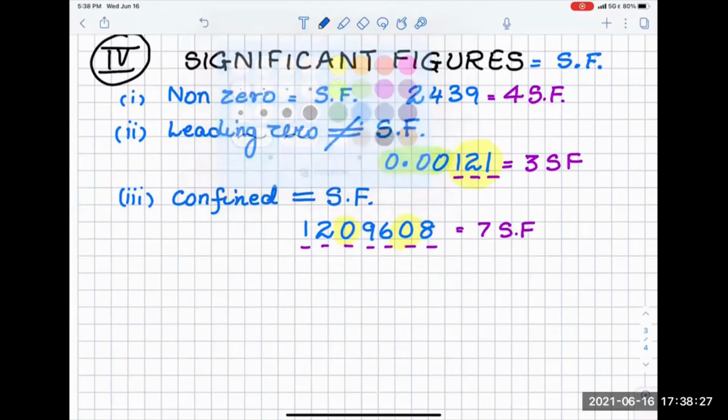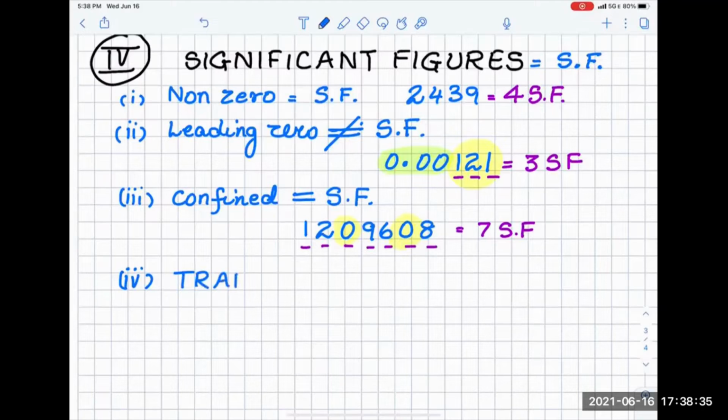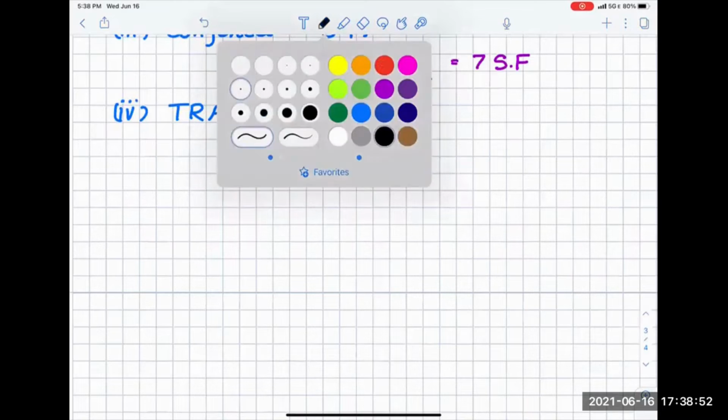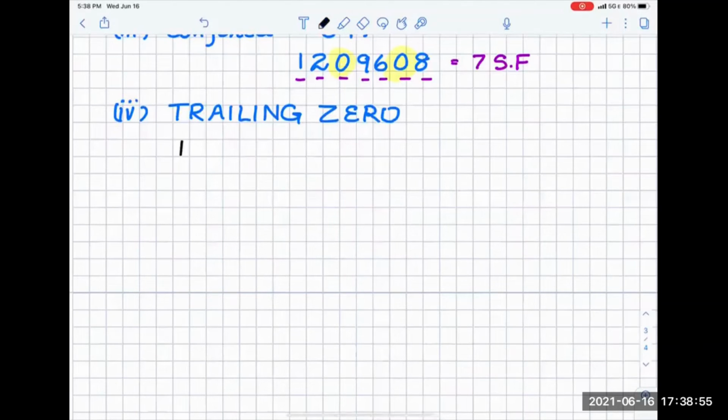Next is the trailing zeros. Now, this is a tricky part regarding the trailing zeros. I want to give a clarification here: trailing zeros, if there is a decimal present in a number, then they are counted.